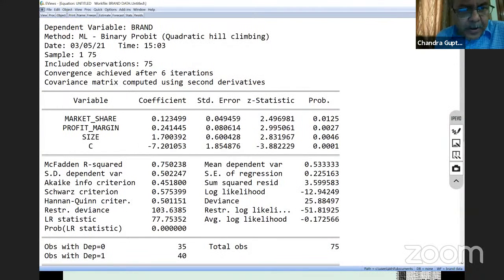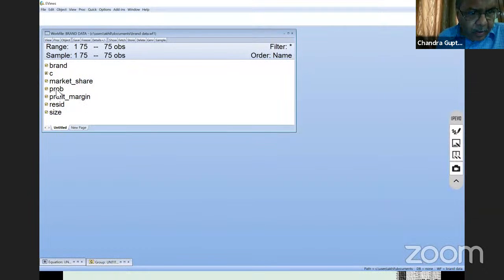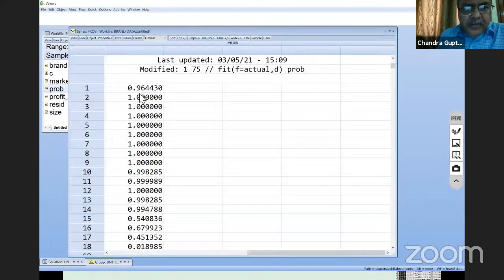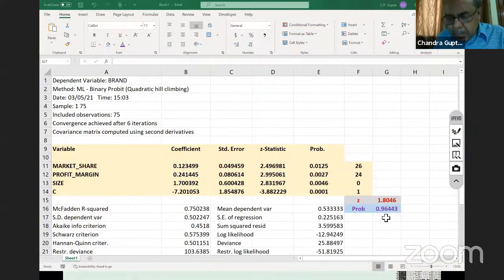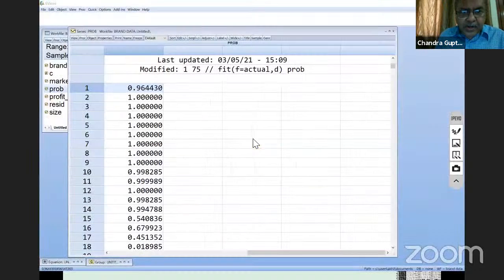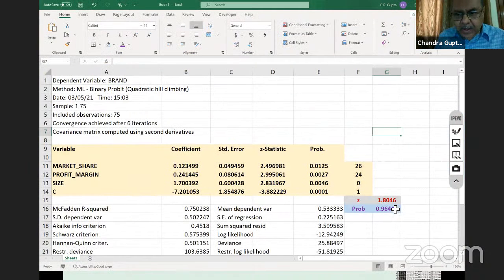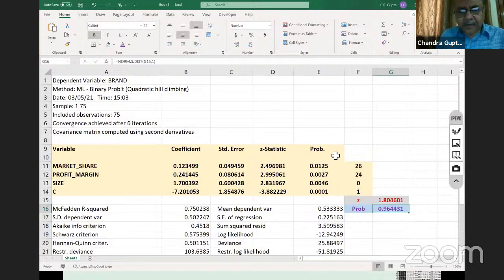If I want to see the probability here, the first one is having probability of 0.964430, right? Same probability which you get here. I can increase its decimal. Maybe some fractional differences because of the approximation. Okay.